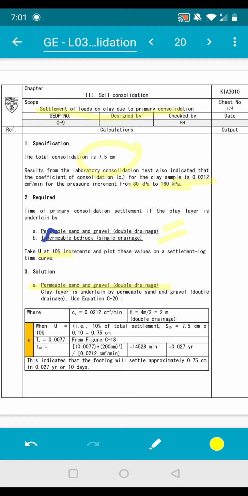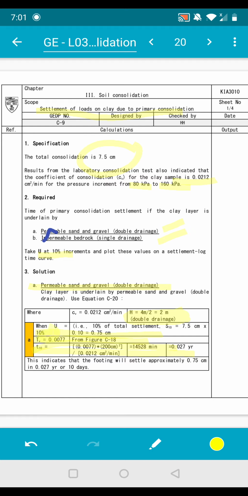Use the respective formulation, but the difference is during the calculation of your height. Okay, for double drainage, just divide by 2. For single drainage, use H as is. From here, all the basic formulation can be obtained from laboratory sheets, and you're going to calculate settlement for each of the respective percent of consolidation.